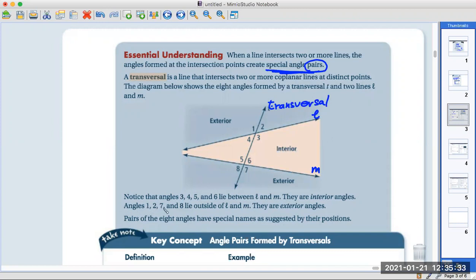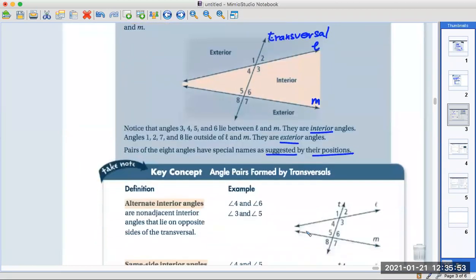Angles 1, 2, 7, and 8 lie on the outside of lines L and M, and those are called exterior angles. Pairs of the 8 angles have special names as suggested by their position, so you can kind of remember these names.